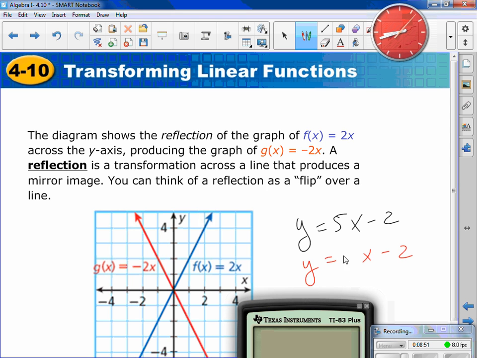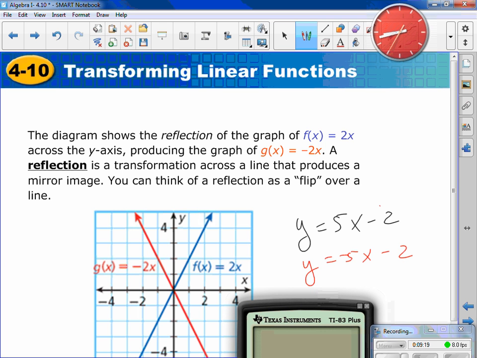It's negative 5x minus 2. The only thing that changes is the sign of your slope. And the slope's what's attached to the x. The number out here only tells me up and down movement. The number that's attached to the x tells me rotations and reflections.